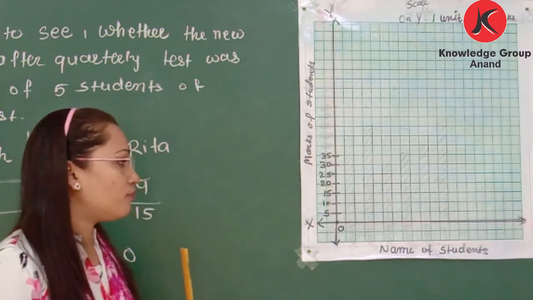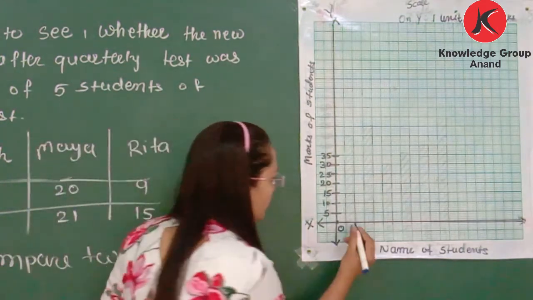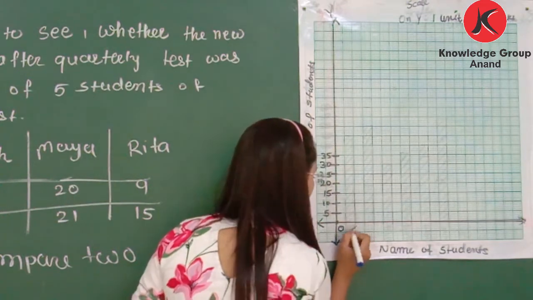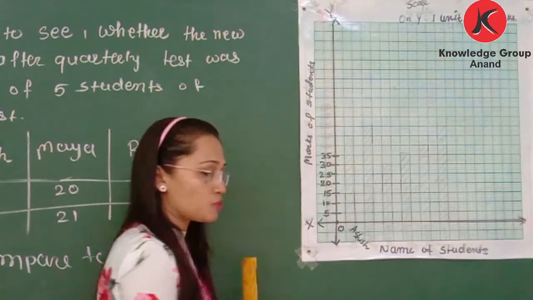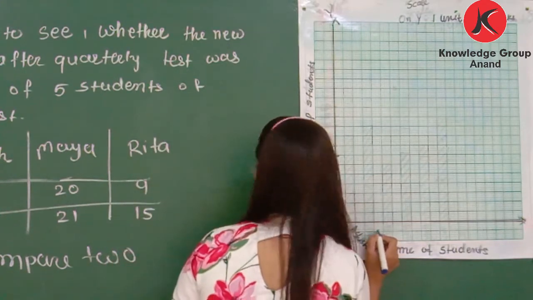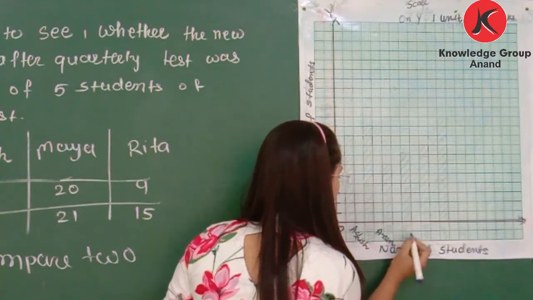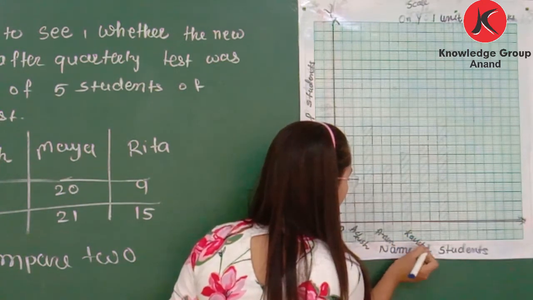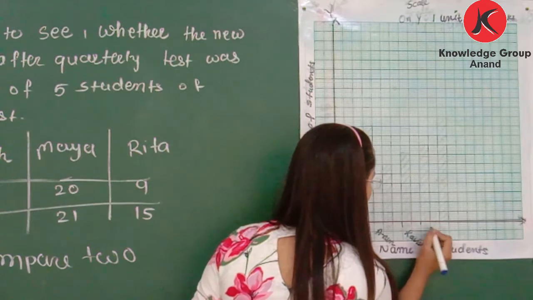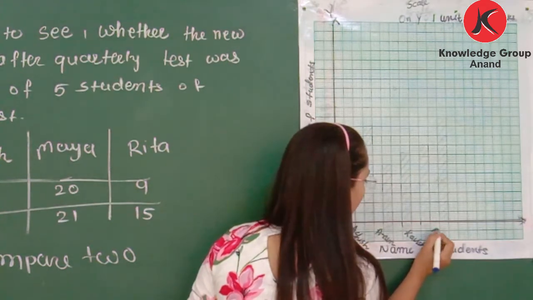Okay. Now we will give the names of the students here. Let's suppose the names are Ashish. Then I take one box space. Then Arun. Then Kavish. Then Maya.